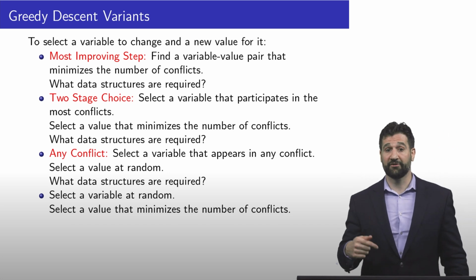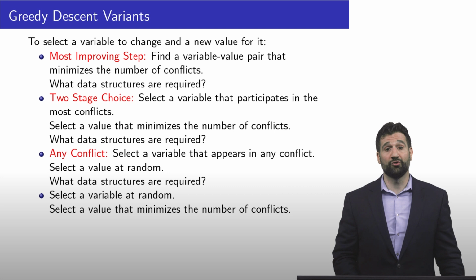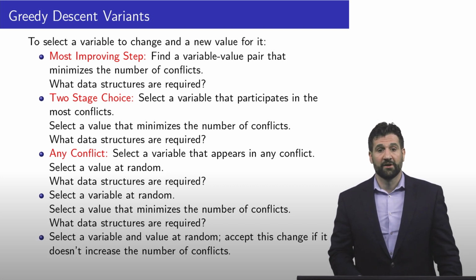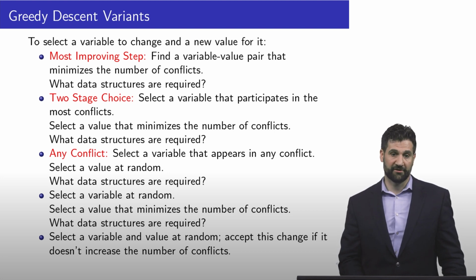So maybe just selecting a variable at random, or at least doing that every once in a while, may help. The other option is selecting a variable and value at random, and just accepting the change if it doesn't increase the number of conflicts.